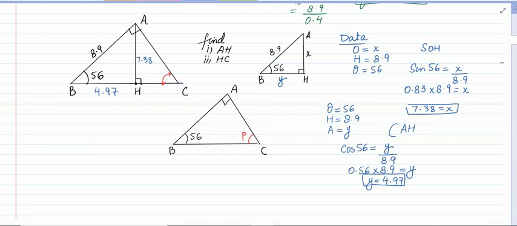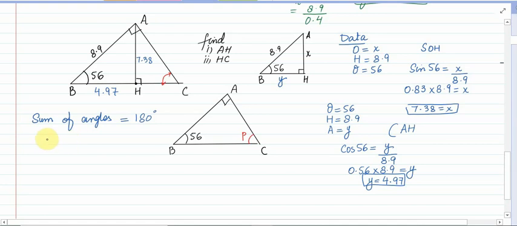We know that for a triangle, sum of angles is equal to 180 degree, and the angles are 56 plus 90 plus P is equal to 180 degree. Now you can find the value of P by adding 56 and 90.